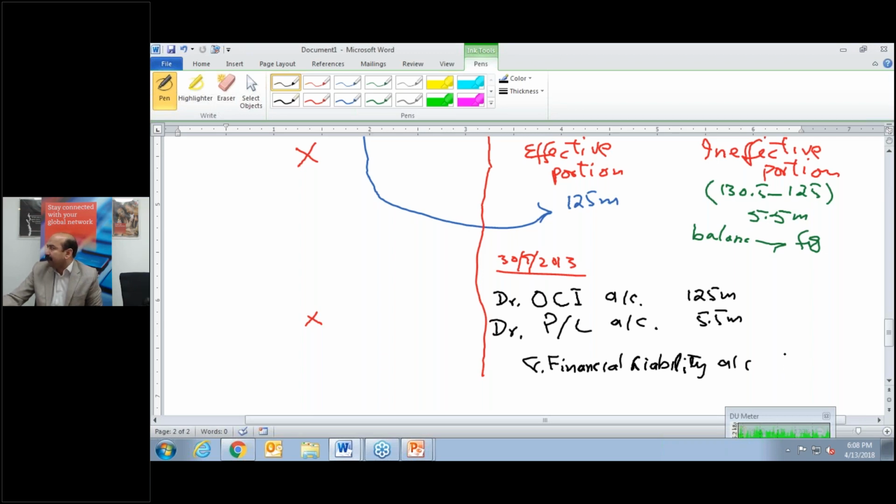So this will be credited with the total loss of 130.5. We are not making any entry on the other side because this is not yet recognized. This is only a reference for the calculation of gain or loss and to see what is the effective portion and what is the ineffective portion.